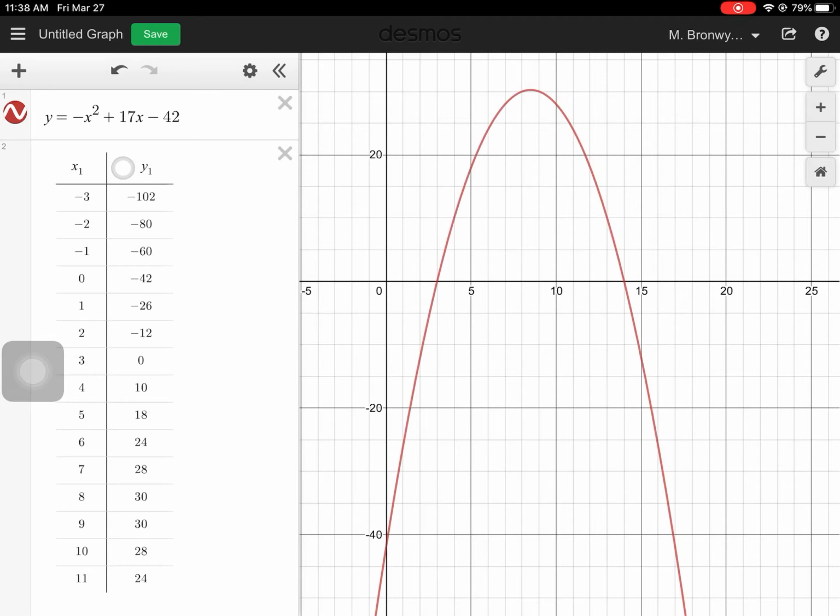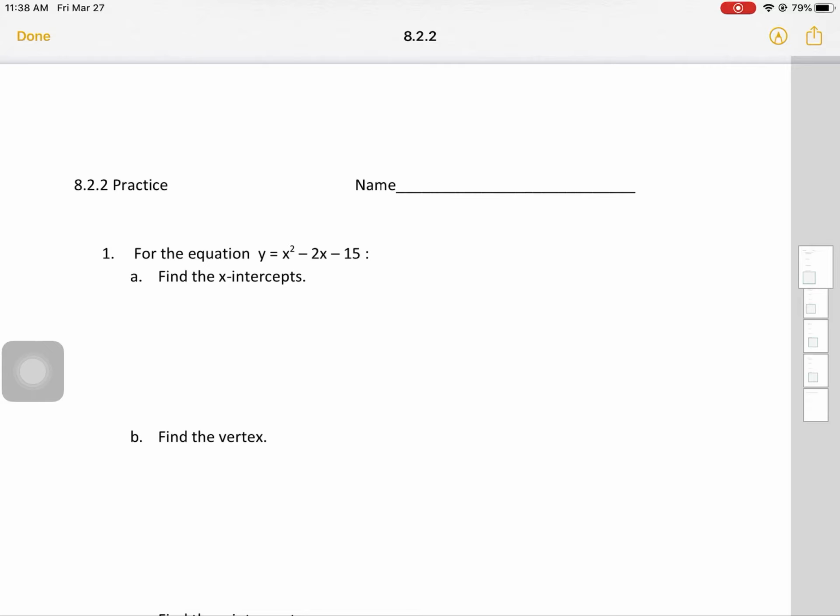We're going to focus on ways that we can manipulate the equation without having to just guess at where the symmetry may fall. So I'm going to switch over here to a practice worksheet, and we're going to go through several examples.